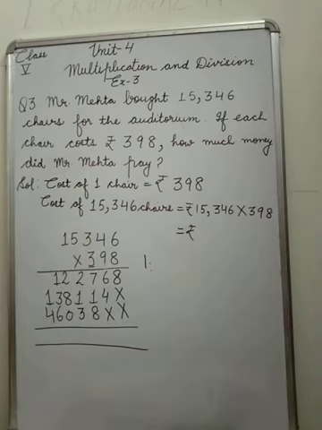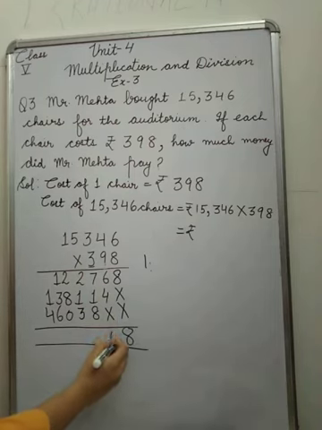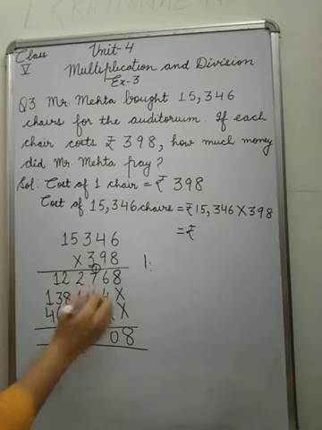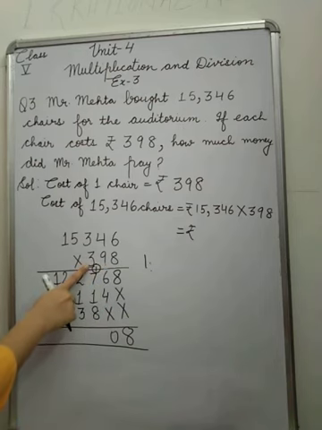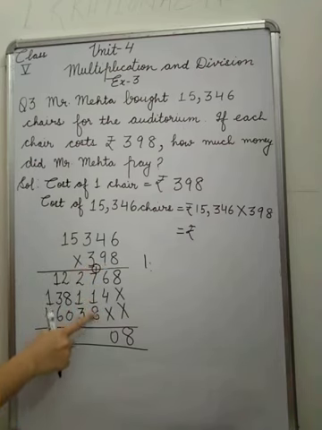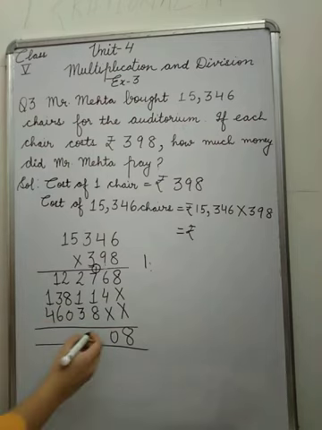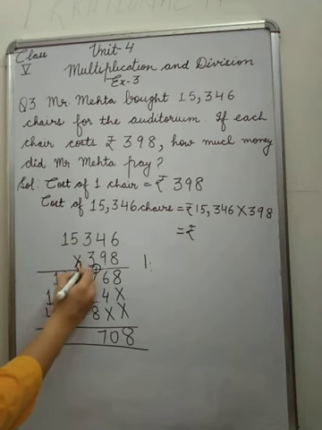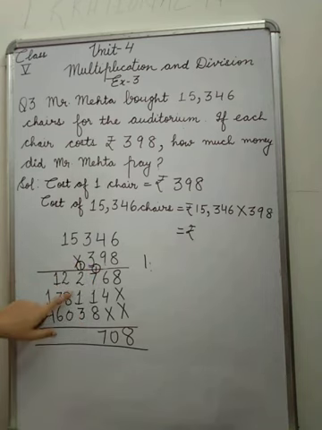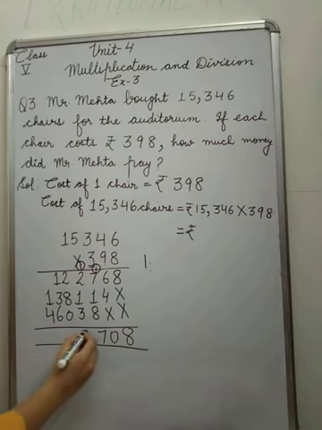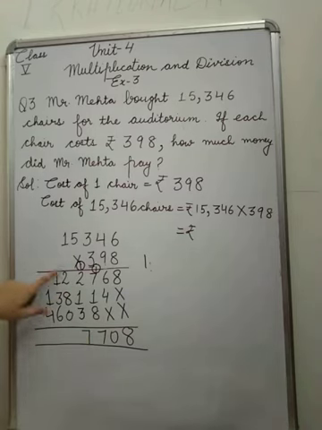Now add this. 8. 6 plus 4, 10. 7, 8, 9. 9 plus 8, that will be 17. Okay. Now see, 2, 3, 4, 5, 6, 7. So write it here 7. 8, 9, 10.